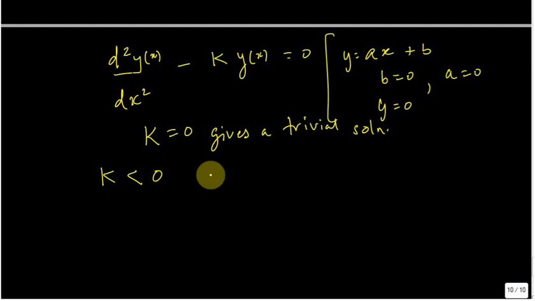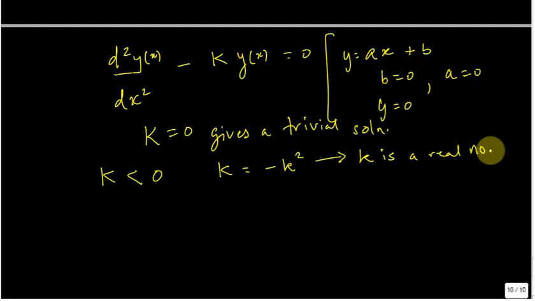Now let's see if k is less than 0. If k is less than 0, then let me write capital K is equal to minus k square, where small k is a real number. That will ensure that capital K is negative. Okay.